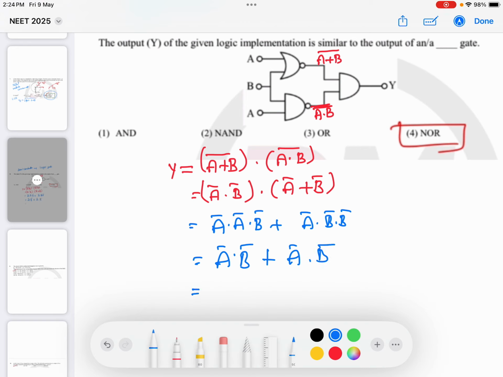So you get the answer A complement dot B complement, which is equal to (A complement or B complement) whole complement, which belongs to your NOR gate expression. Option number 4 is there.